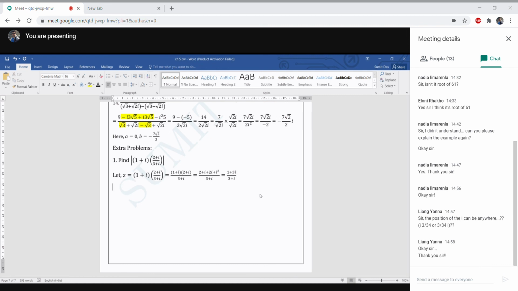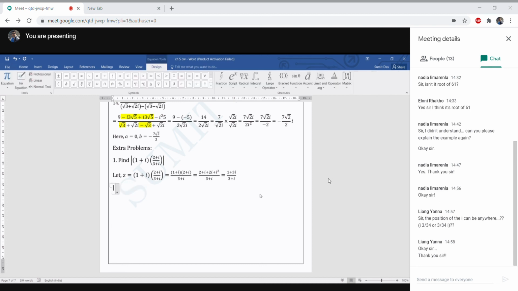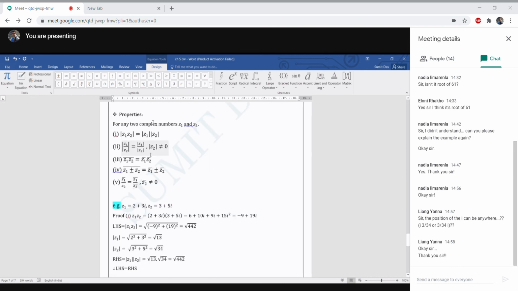Now we have to find the modulus of z. If you remember one property, property number 2: modulus of z1 by z2 is equal to modulus of z1 divided by modulus of z2. We will use this property.